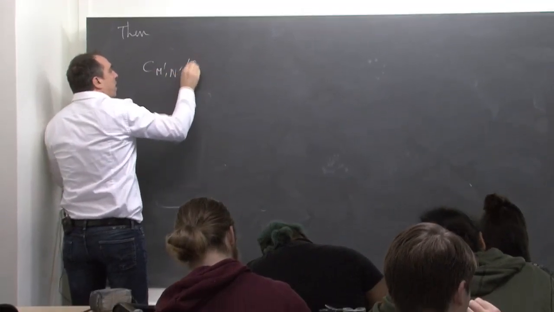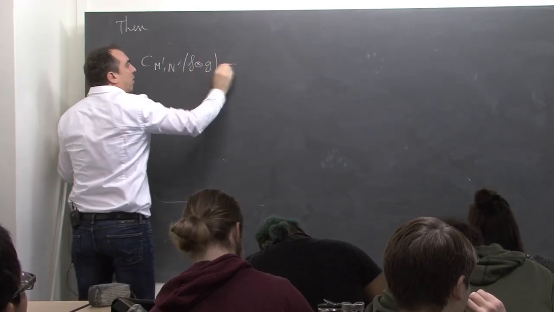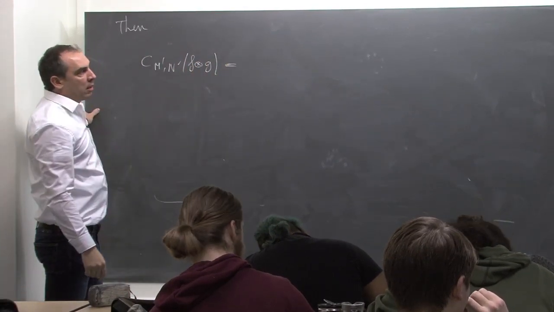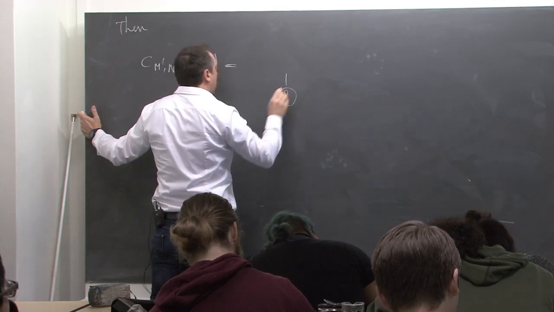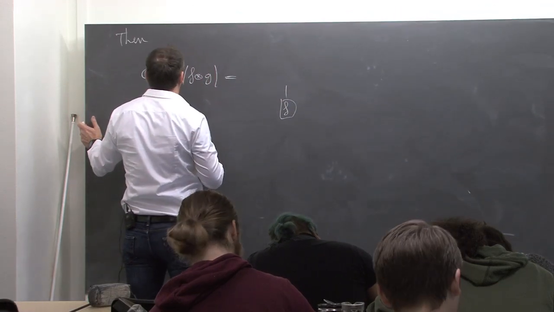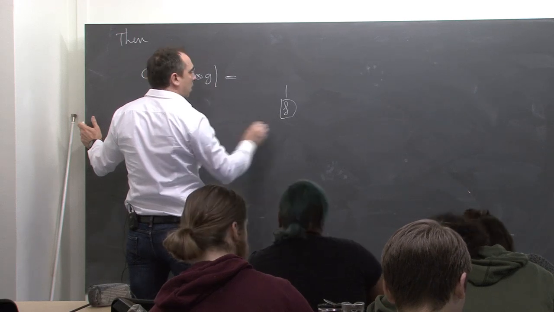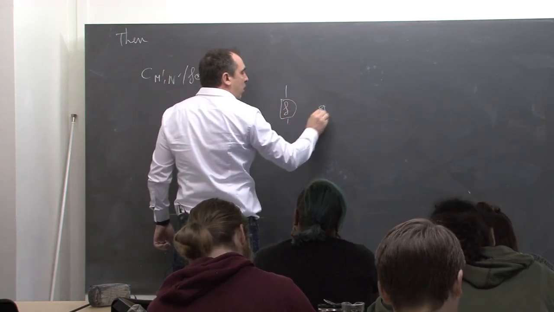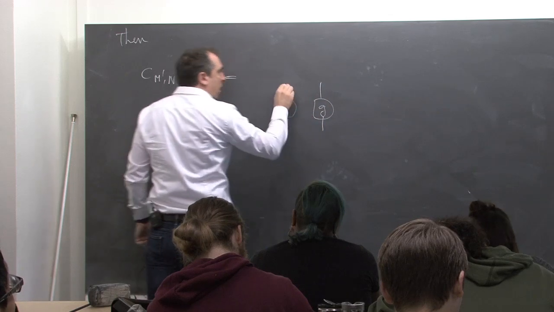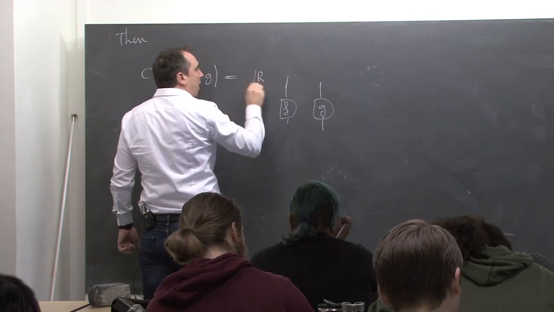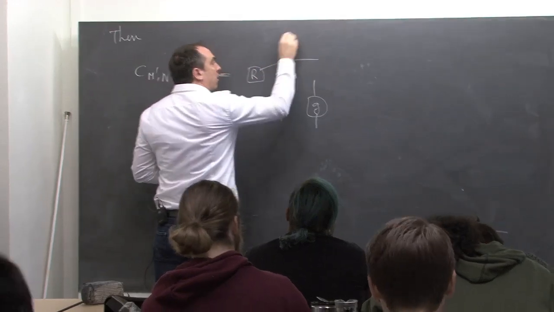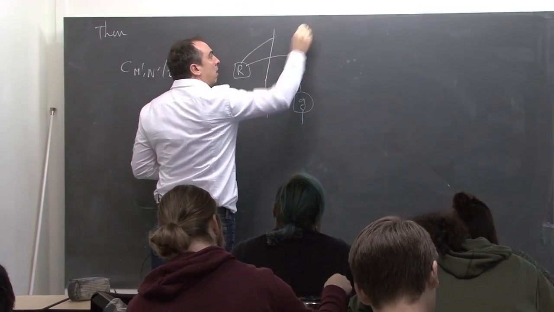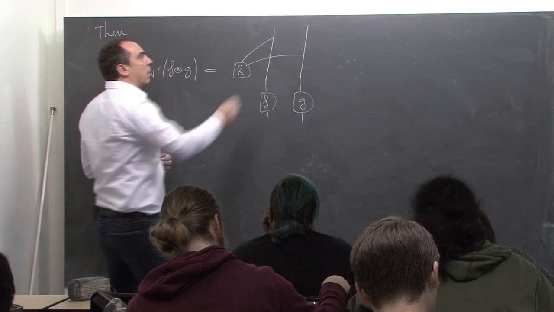C of M prime, N prime, F tensor G. What is it? It is first we apply F, G, and the definition of C. So like this. Okay.